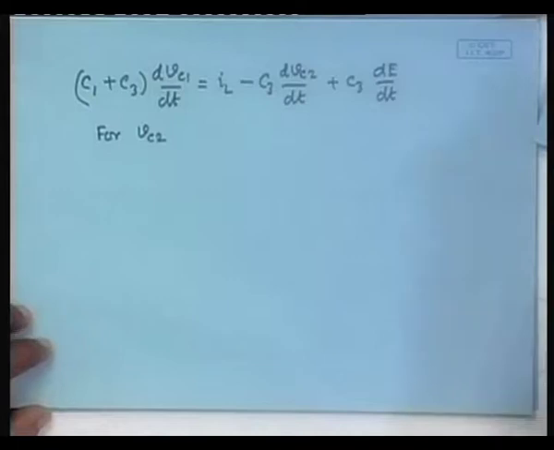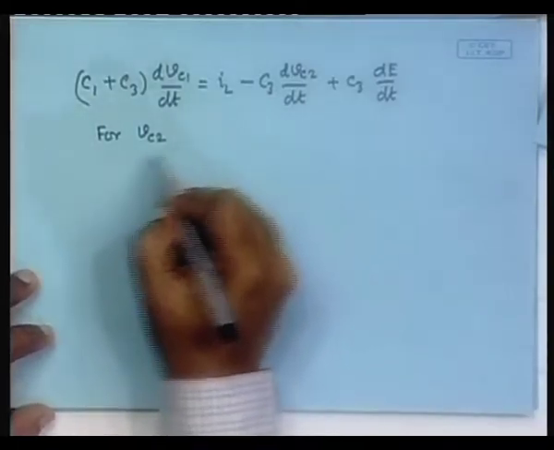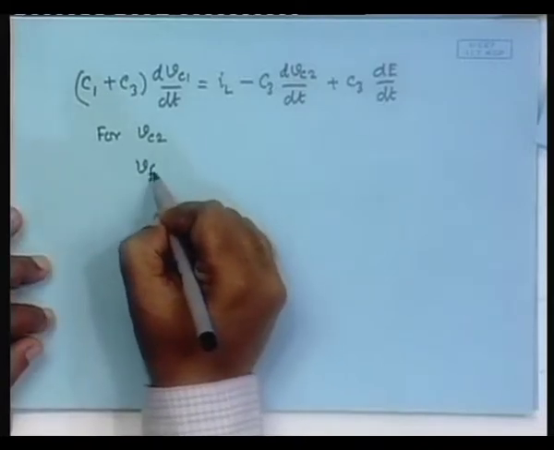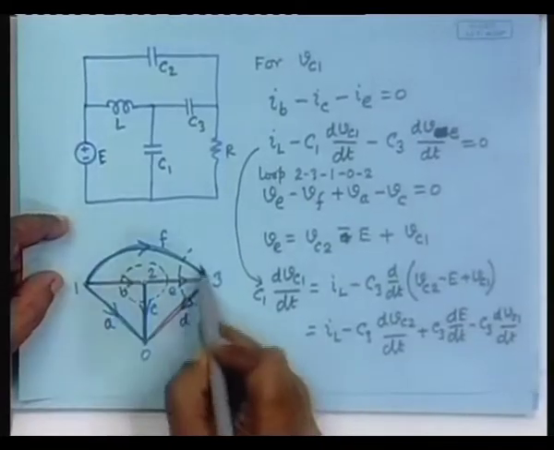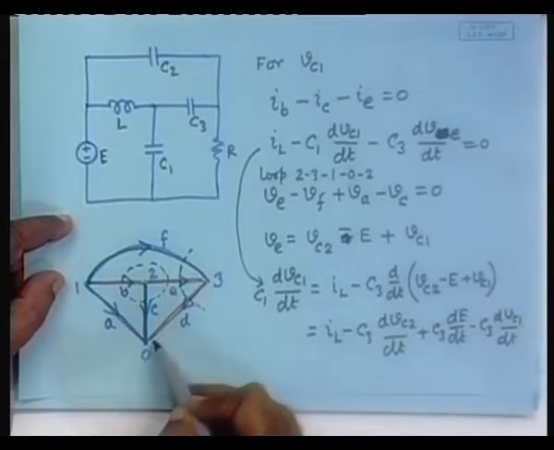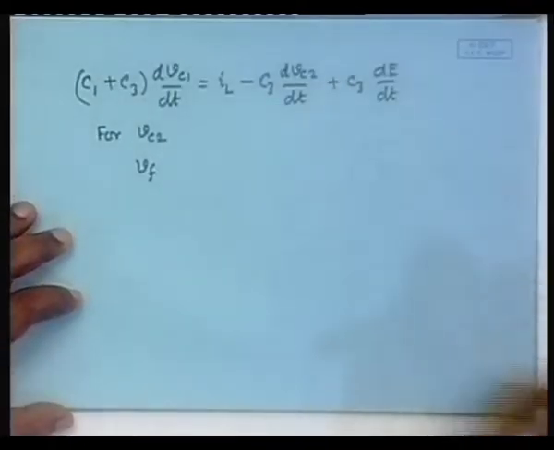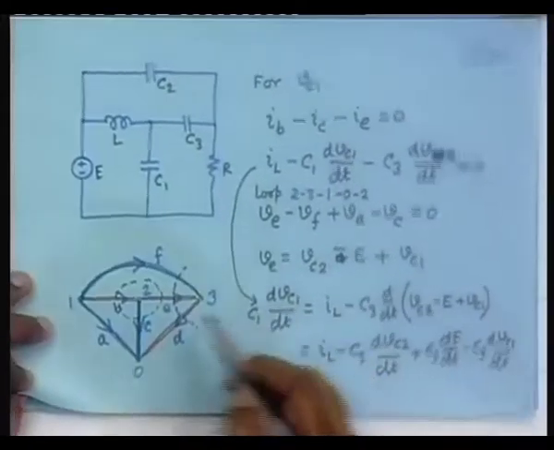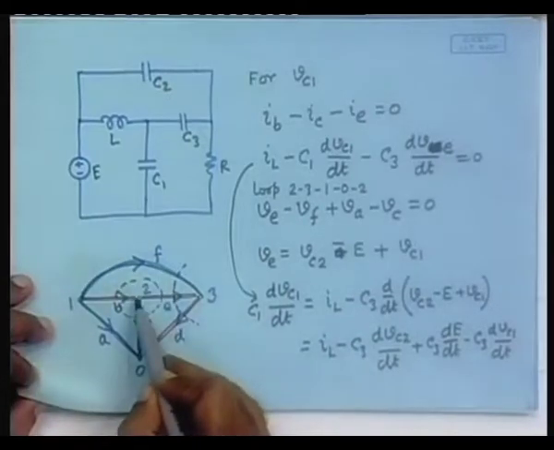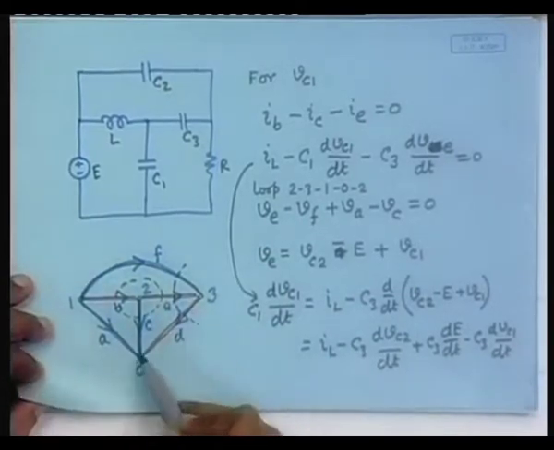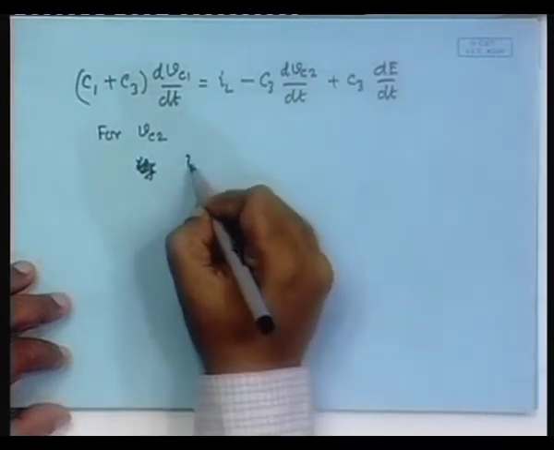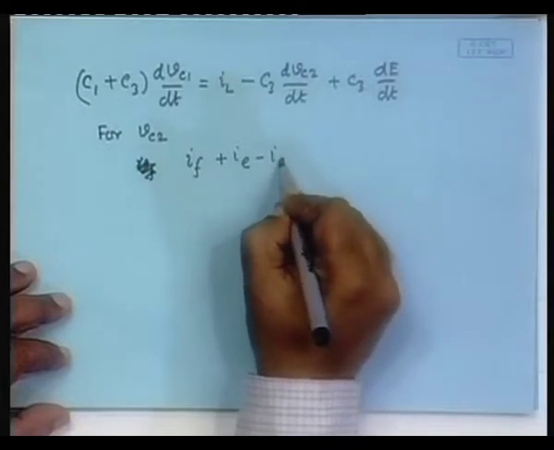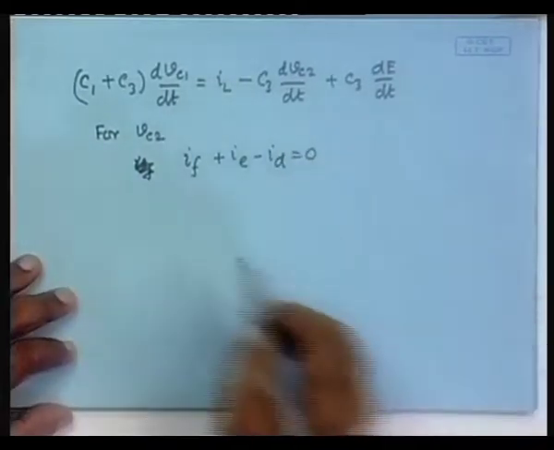The moment you write it, we can write the equation as, it is VF going in, VF plus VE minus VD equal to 0. Oh, sorry, cut set will be Kirchhoff's current law, IF plus IE minus ID equal to 0. What is IF?